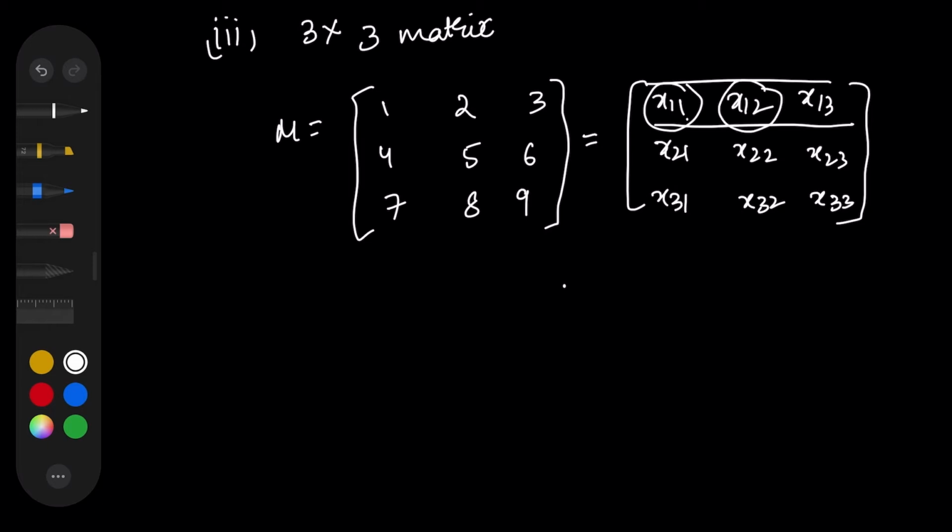I have to do it for x12, where I have to find the cofactor matrix of the x12 element and then multiply that with x12, and I'll also have to find the cofactor matrix of x13 and multiply the cofactor matrix with x13, and then the sum of this will give me the determinant of the matrix M, right?